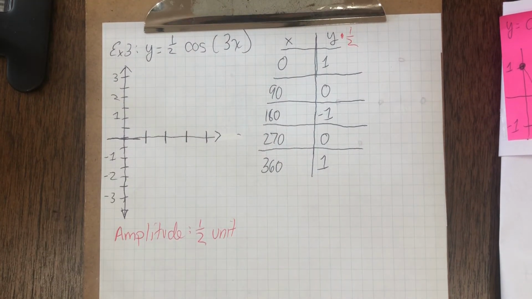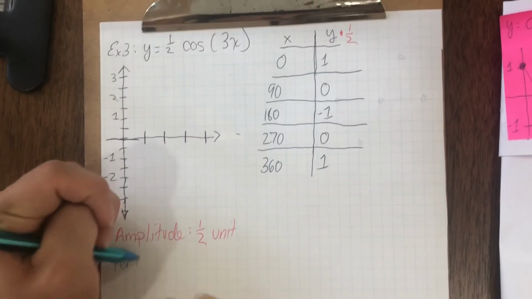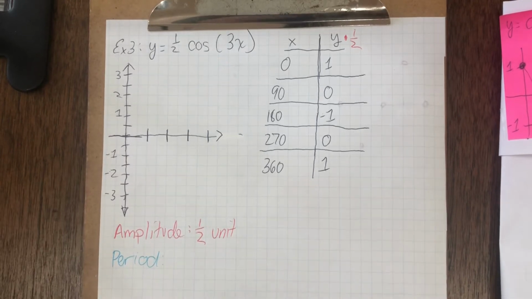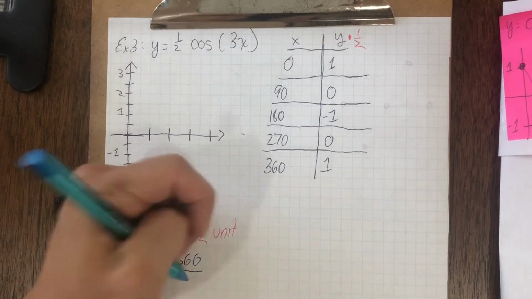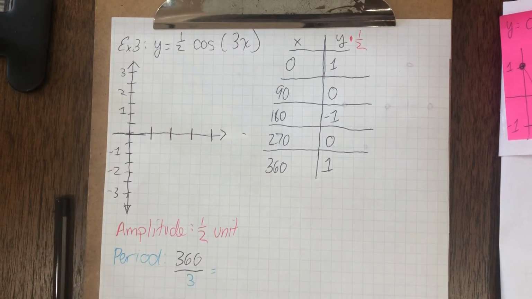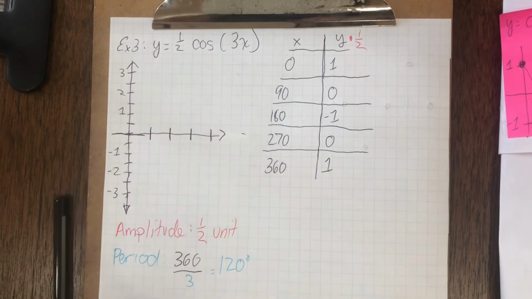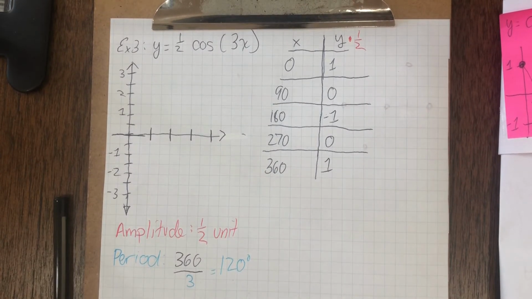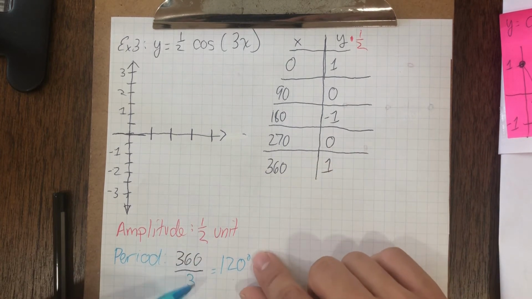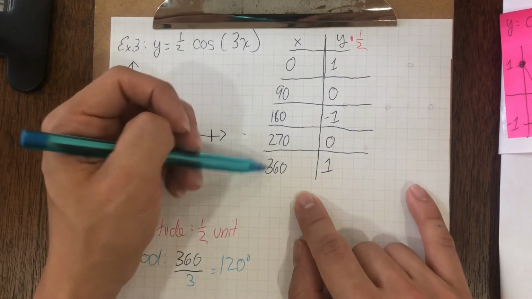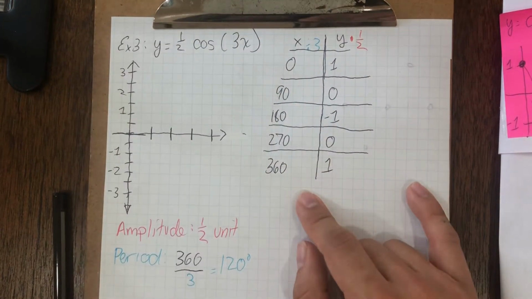So now I'm going to figure out my period. For the period, I take 360 degrees and divide it by 3, and I get 120 degrees. So we went from 360 as a period to 120 degrees, and it reduced by 3. So I would divide each x value by 3.